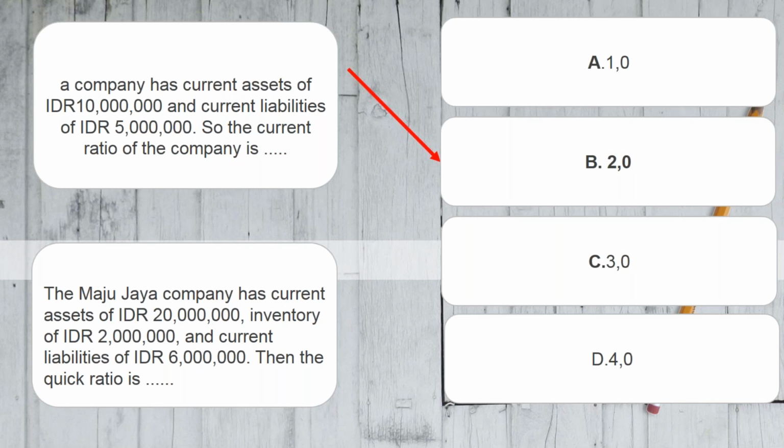The current assets minus inventory, divided by current liabilities. So the answer is C, 3.0. Okay, let's see. The answer is C. Right.